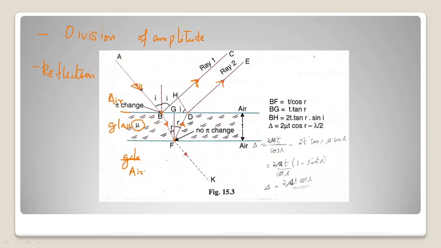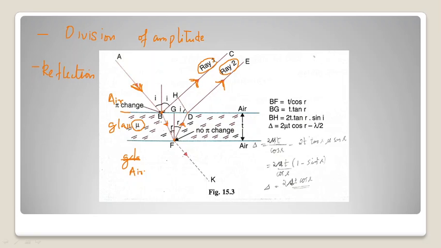So the beam coming in from the point A is getting split up into two. One is getting reflected from here as ray 1 and the other part is being refracted into the glass, from where it is reflected back and it is coming out as ray 2. So here ray 1 and ray 2 originate from the same incident beam.